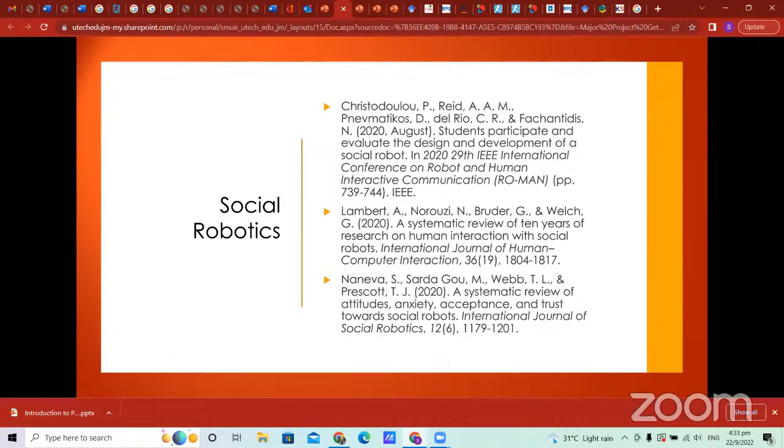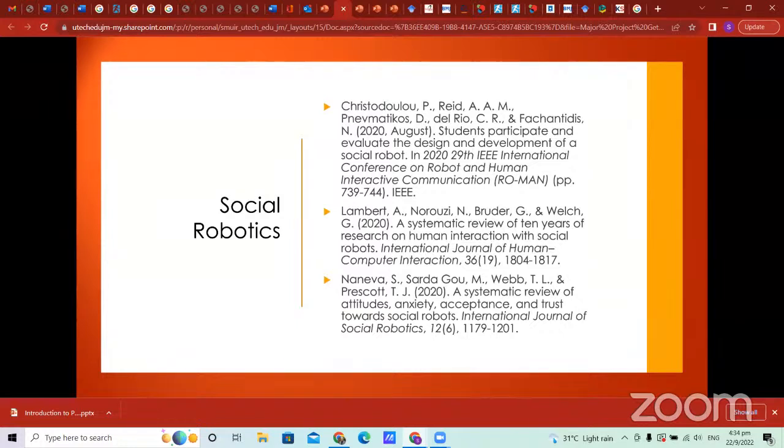For the first one, I found there are many different areas in which there is research on social robots, including education, health, and a long list of things which I have memorized. Just as an example, 2 years ago, there was a conference where students participated in the design and development of a social robot. The point is, there is research going on in social robots.